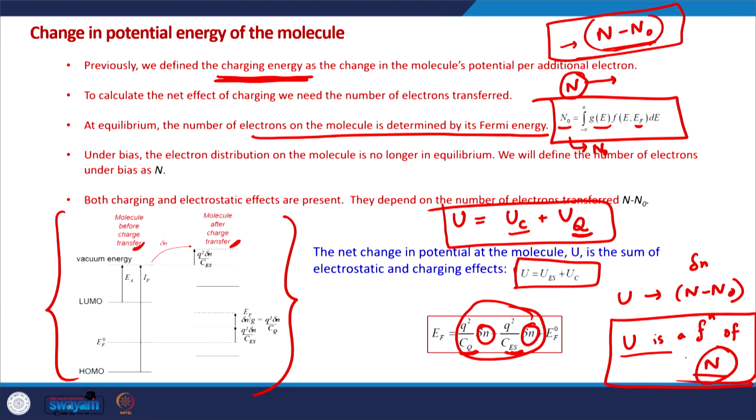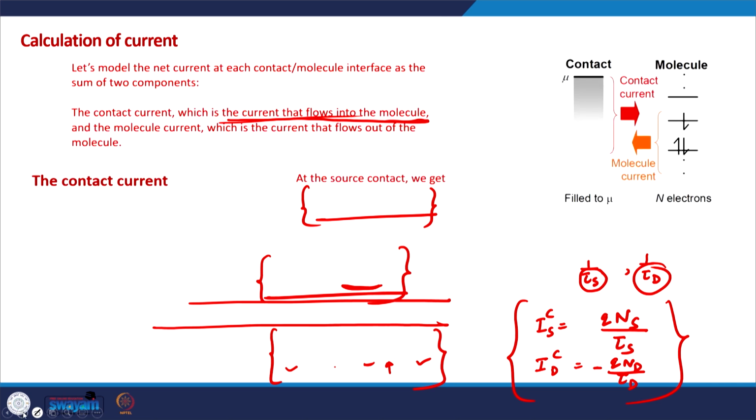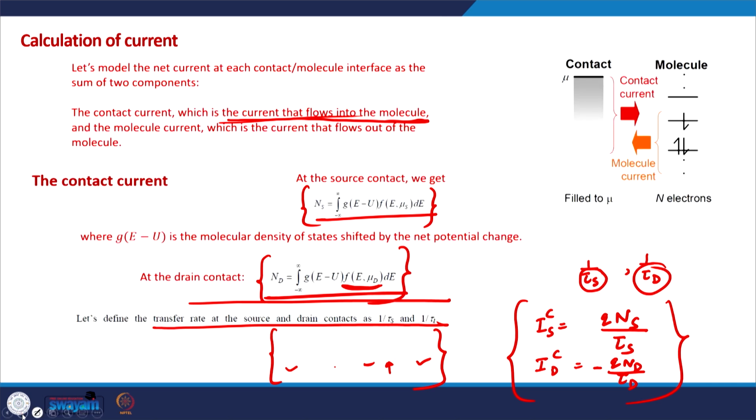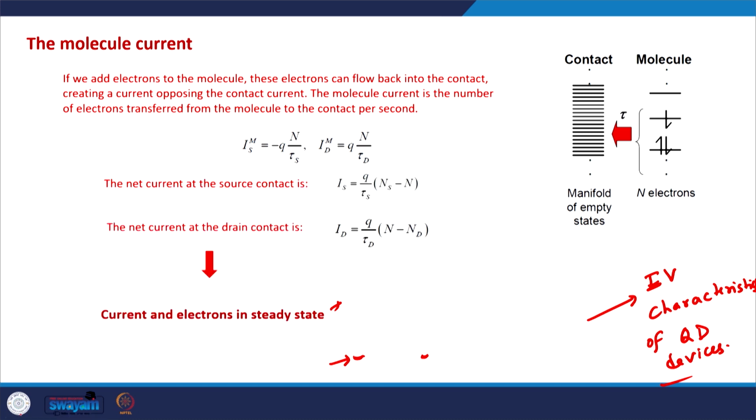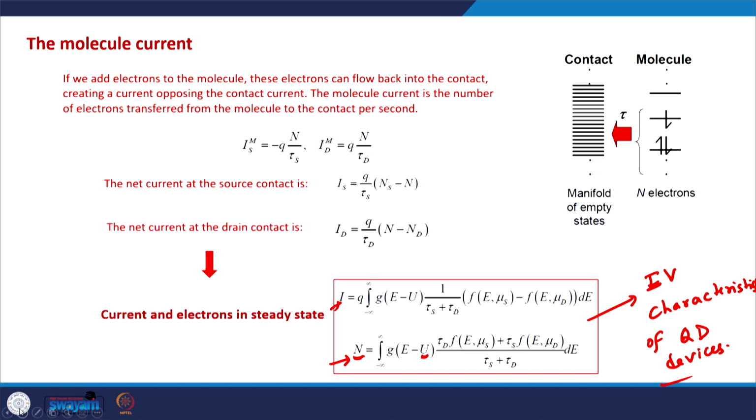In fact, u depends on delta n, which is n minus n naught, where n naught is the equilibrium number of electrons. So the steady state number of electrons depends on u, which is in turn a function of n. So this is not a closed form equation. We cannot have a closed form solution of these equations.